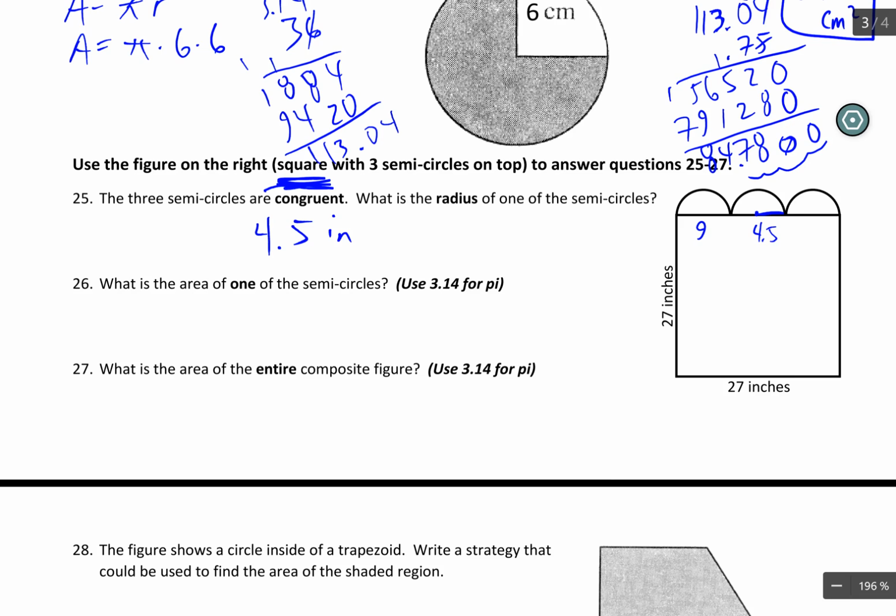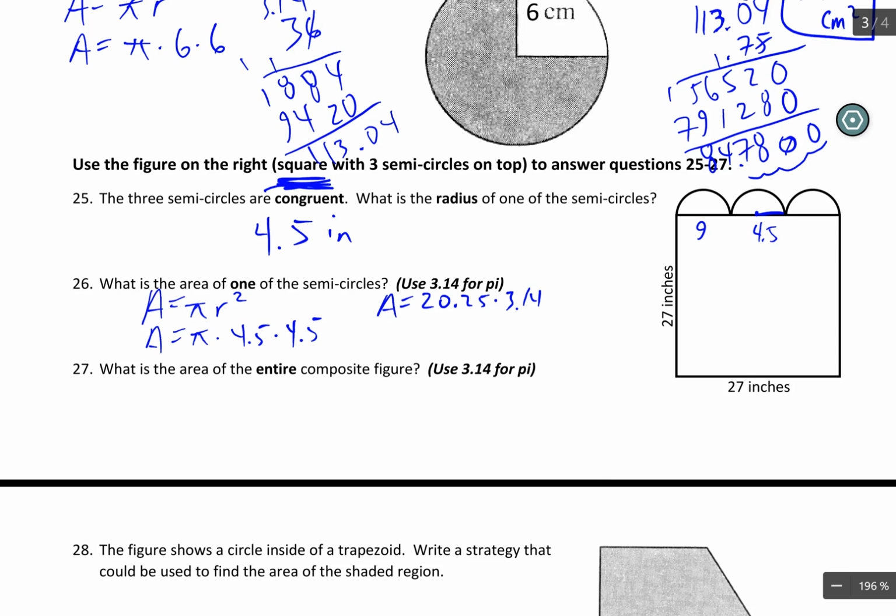What is the area of one semicircle? So again, use 3.14 for pi. I'm going to have to go ahead and multiply that out. So area equals pi times radius squared, or area equals pi times 4.5 times 4.5. 4.5 times 4.5 is going to give me 20.25. So area equals 20.25 times 3.14.